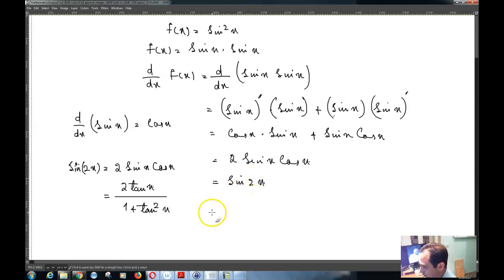So that means that d by dx of sine squared x is equal to sine 2x.